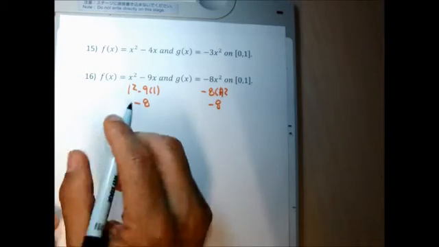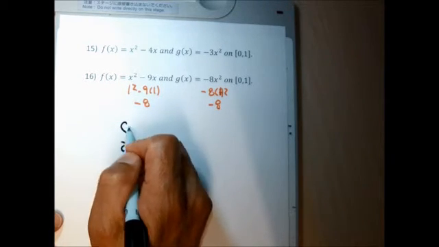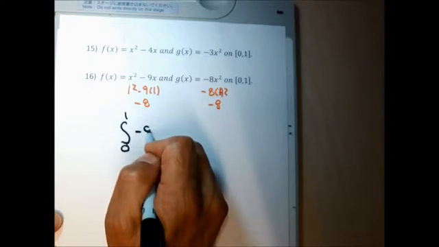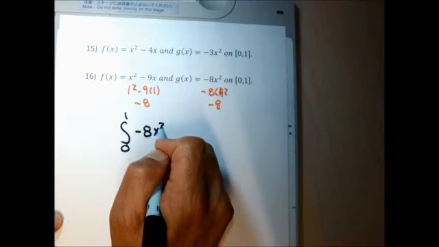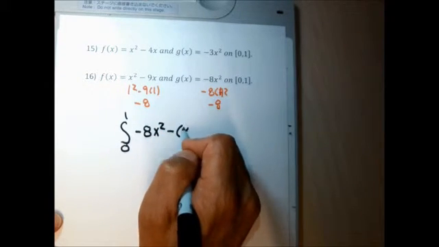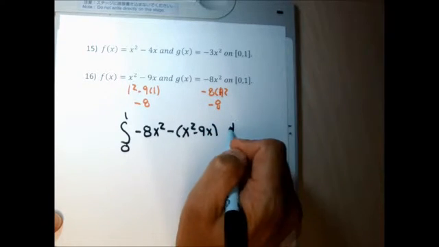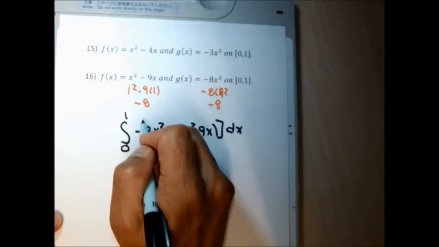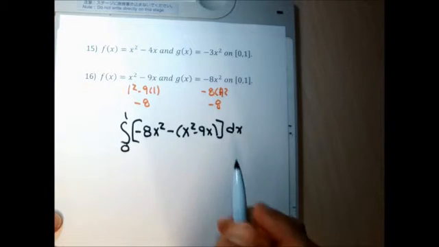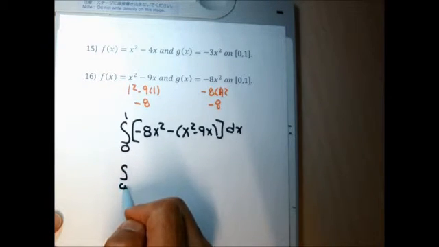So I'm going to integrate from 0 to 1, the top function, negative 8x squared, minus the bottom function, which needs to go in a parentheses because it's a binomial, and now I'm going to simplify and clean up the parentheses here.